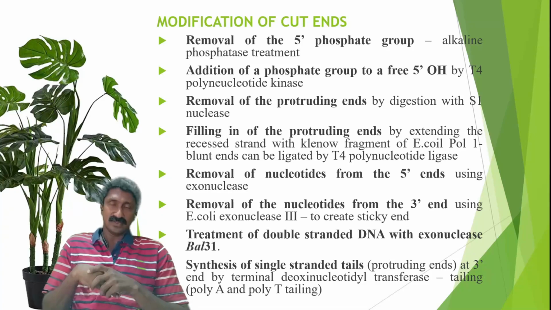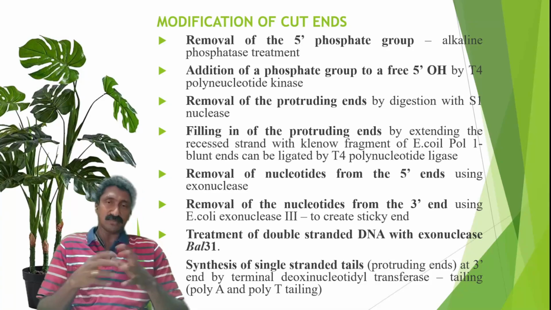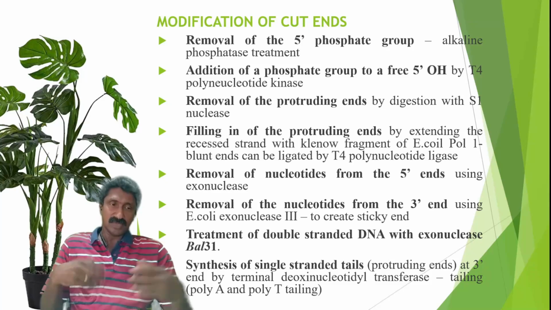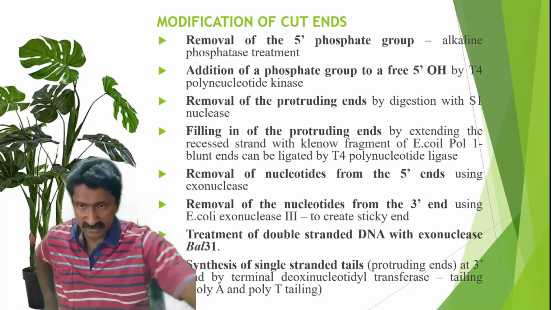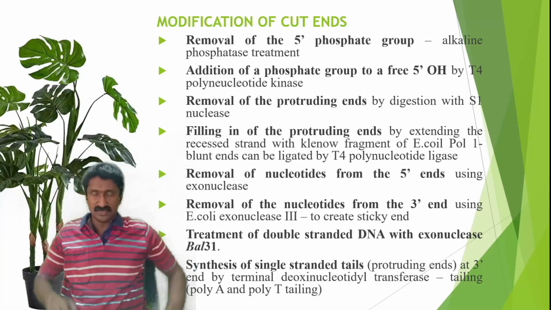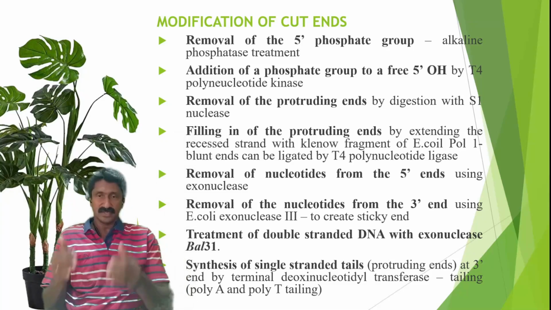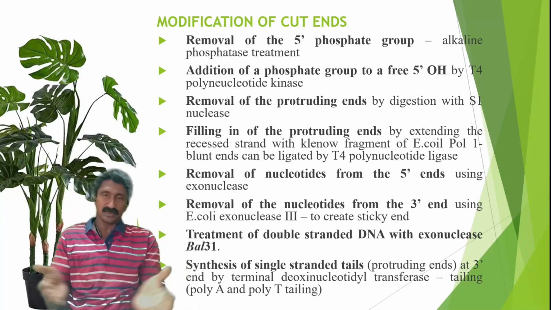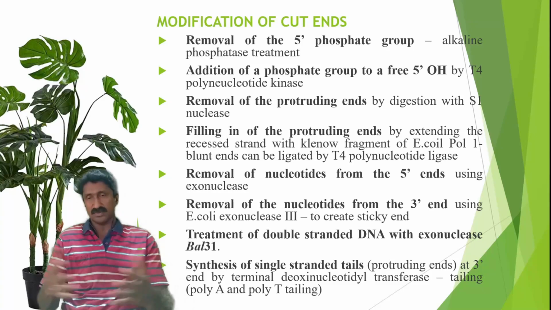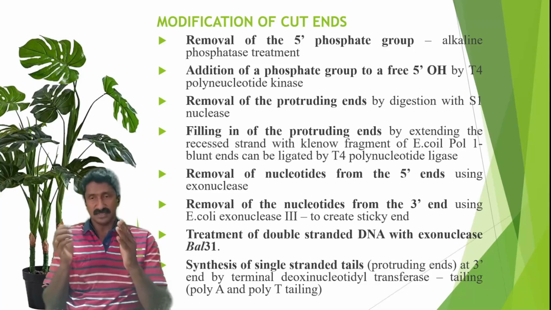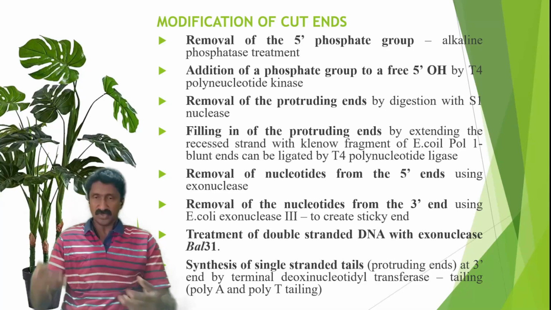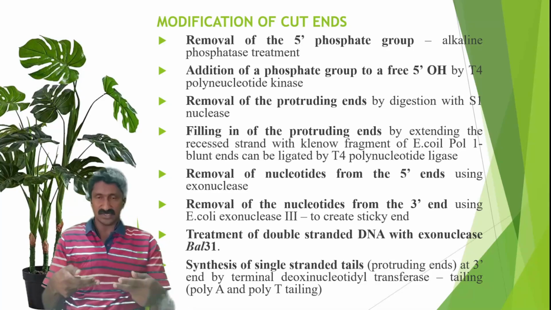So this is required, just like, as I mentioned, a carpenter who is manipulating the wooden pieces by trimming and chipping or modifying the ends of the wooden piece. Similar to that, the DNA ends can be modified because you want to join them together with another target.